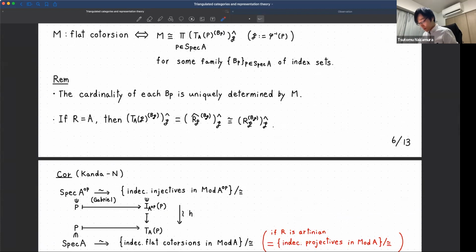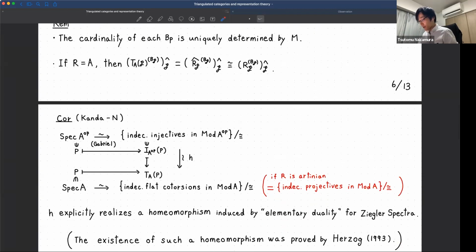And an important consequence of this theorem is a one-to-one correspondence between the isomorphism classes of indecomposable injectives in the category of left modules, and the isomorphism classes of indecomposable flat cotorsion modules in the category of right modules, given by this assignment.